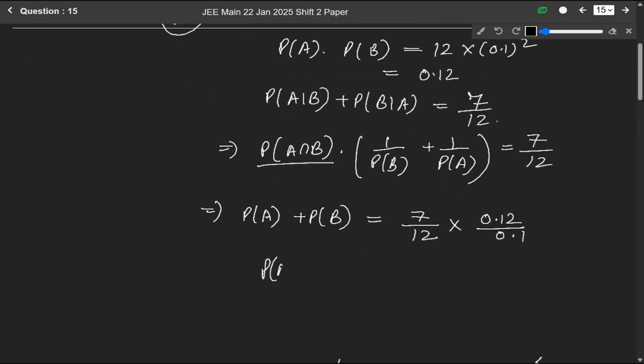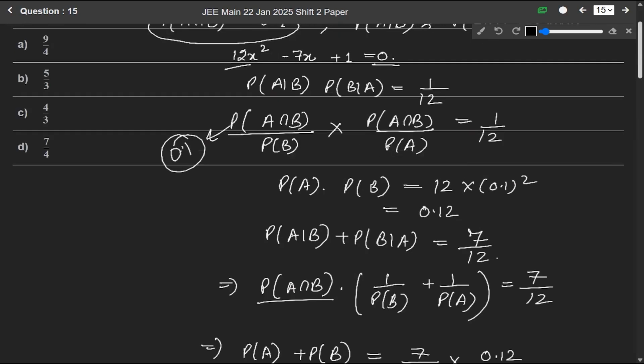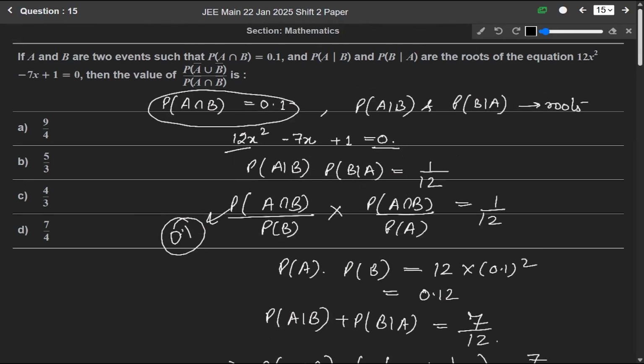So from here we can write P(A) plus P(B) will be equal to 0.7. Okay. So we have to find P(A bar union B bar) over P(A intersection B).